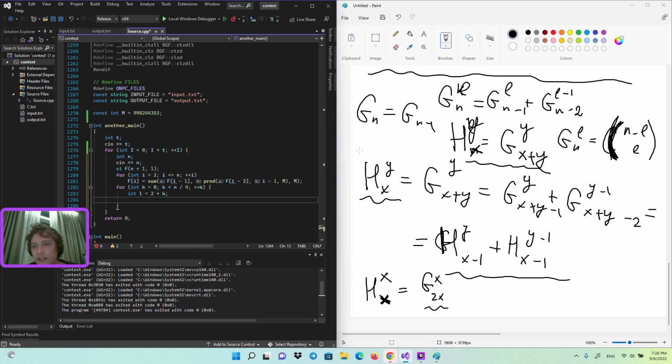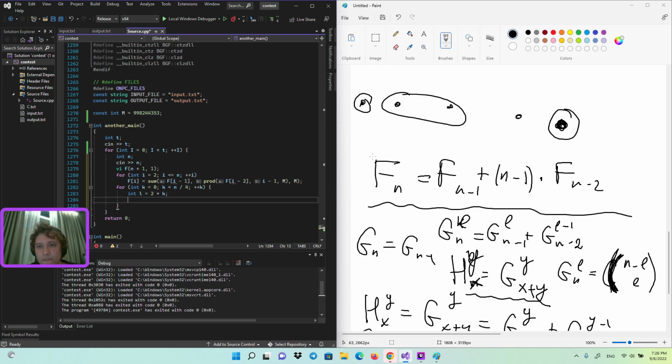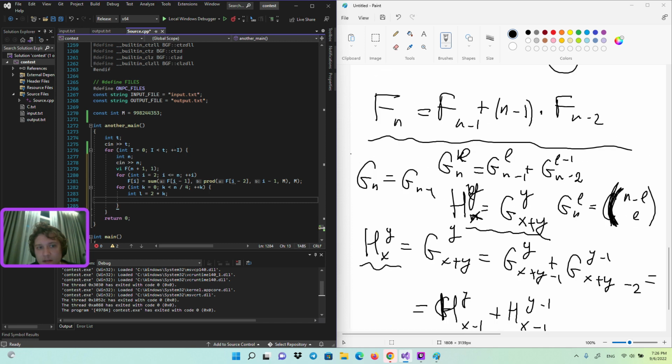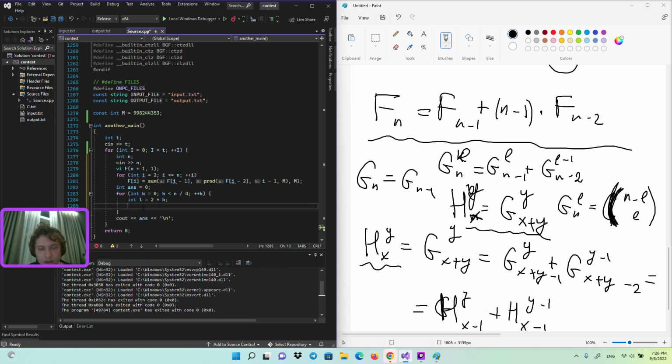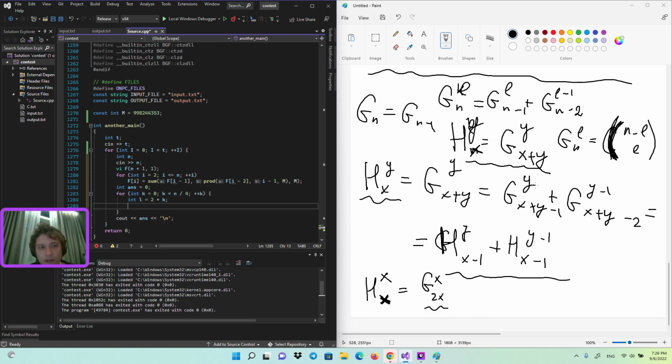Then, what do we do then? Then we say that this is the answer, we count the answer. So we have to find this number of ways.